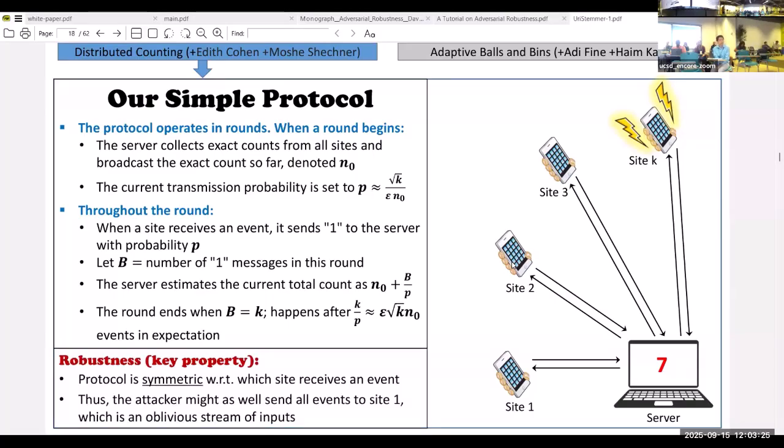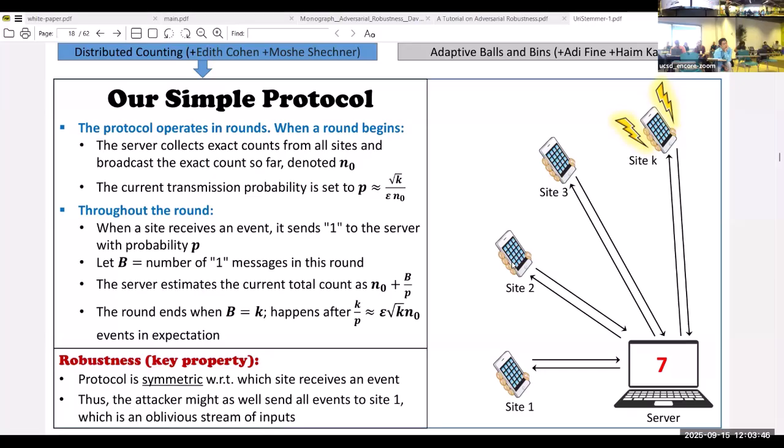Okay. And the key new property in this protocol compared to the previous 2 randomized protocols that I surveyed is that this protocol is symmetric with respect to the sites. At any given moment, all of the sites are equal. It doesn't matter which site gets an event. The protocol behaves exactly the same.